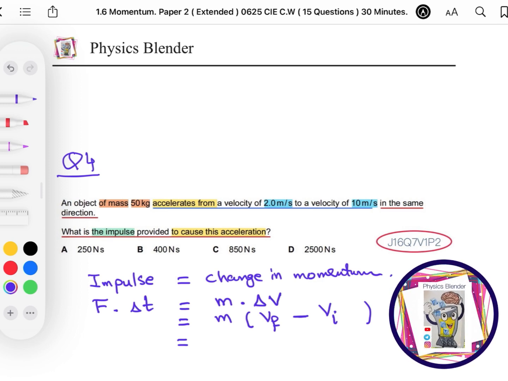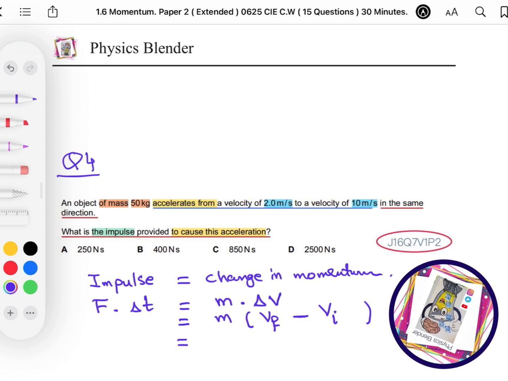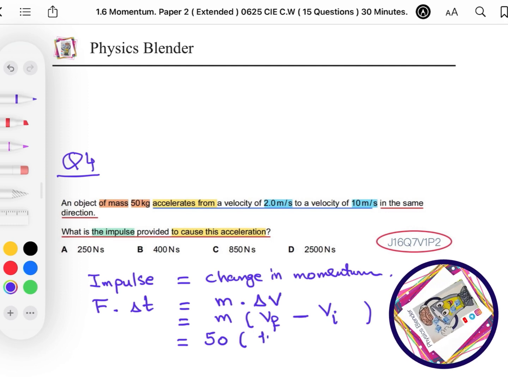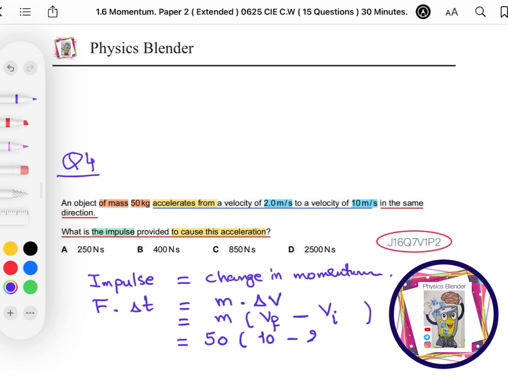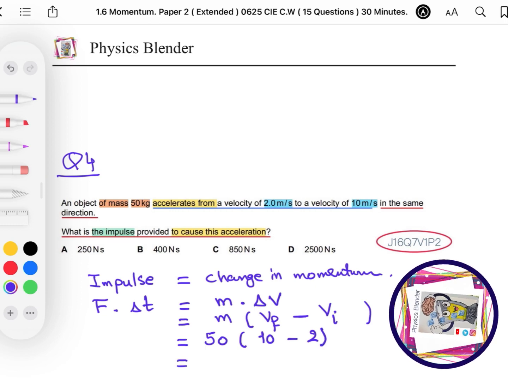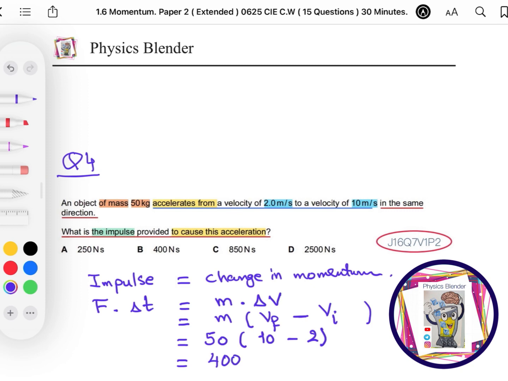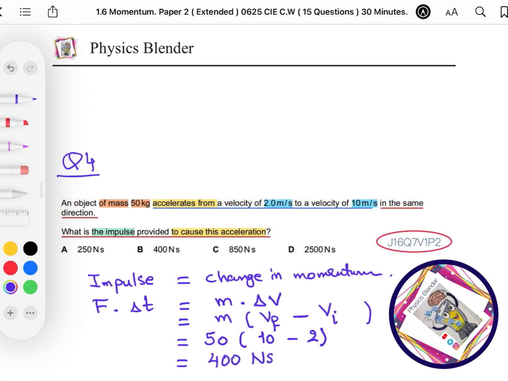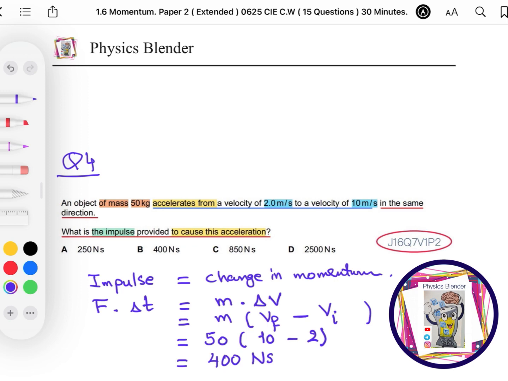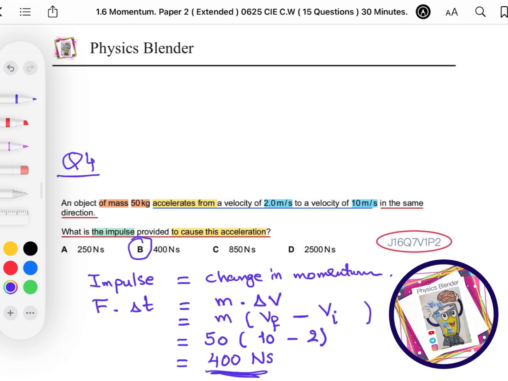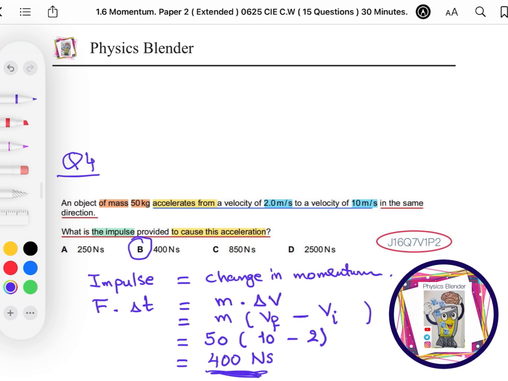When you substitute, check that you have consistent units. So the final velocity is 10 minus 2. So your answer is 50 times 8, which is 400 Newton second. The correct answer is B. Check that you have consistent units. Check that your final answer is realistic.